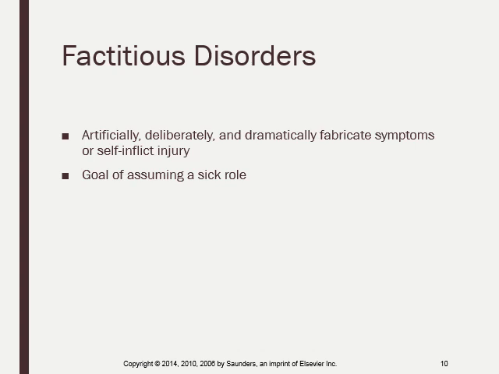They can have this imposed on themselves or imposed on another. And you probably have heard this called Munchausen's. And when it's imposed on another person, it's Munchausen's by proxy. And so these are all fake symptoms or fabricated symptoms, self-inflicted symptoms to get attention and to assume a sick role.